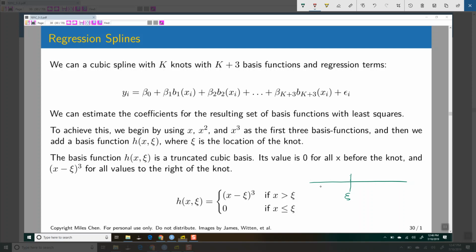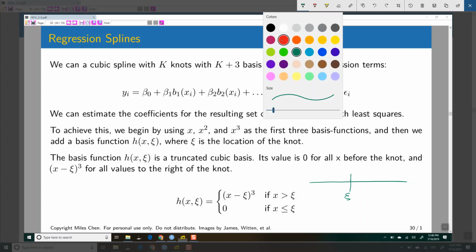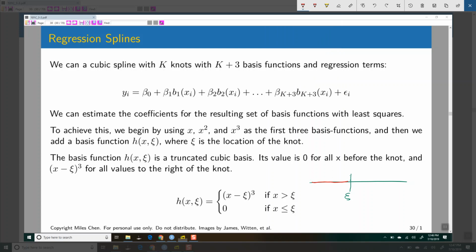Basically, before xi it's 0, and then at xi you get a cubic function. Well, that's not quite cubic, right?